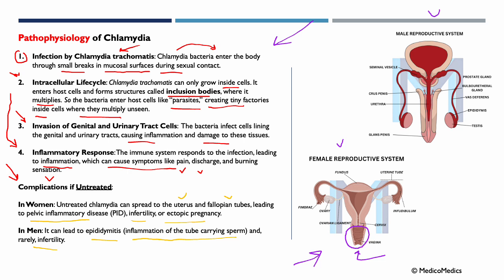And to localize, we have this cervix right here, right? We have our fallopian tubes here. We have the fundus and our ovaries right here.